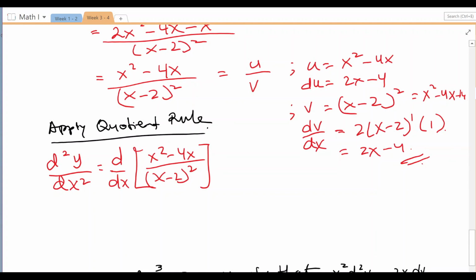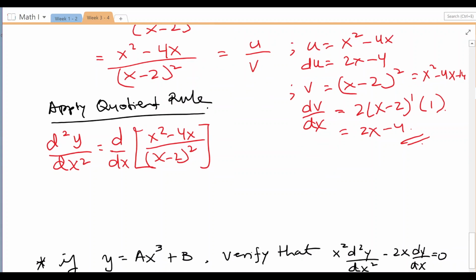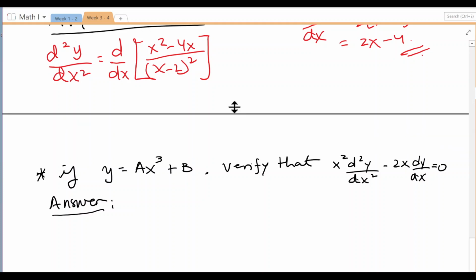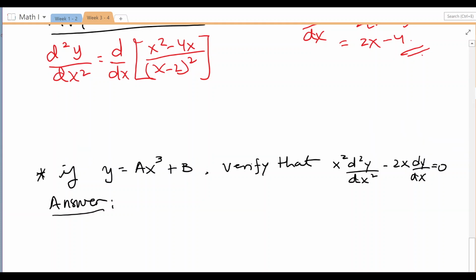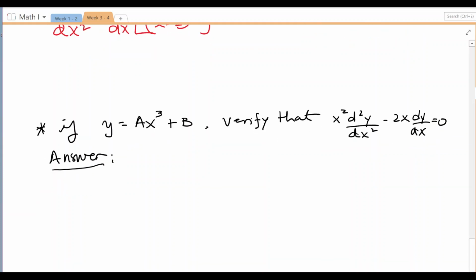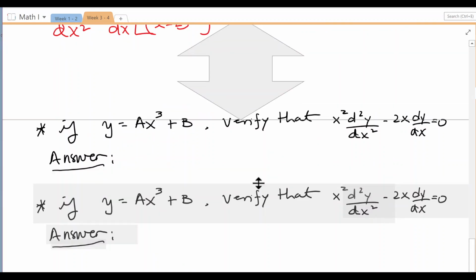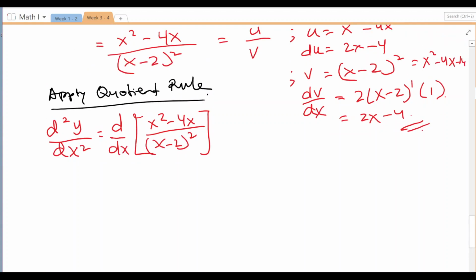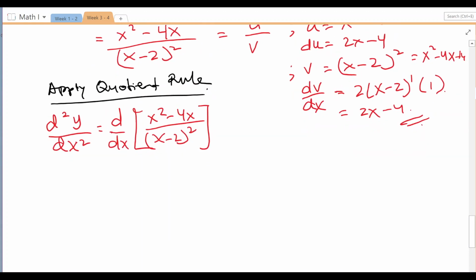Just like that. Okay, looks like we need some more room. Let's see. Okay, so we have our new u and new v.